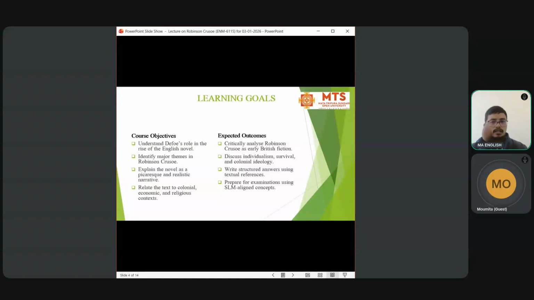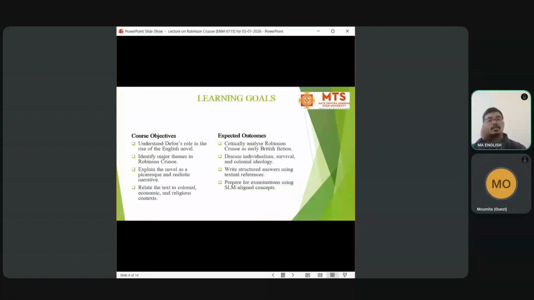And the second objective is to identify the major themes of the novel. So these include survival, self-reliance, faith in God, discipline, and labor, and you are expected not only to identify these themes, but also explain the references and experiences in the novel.